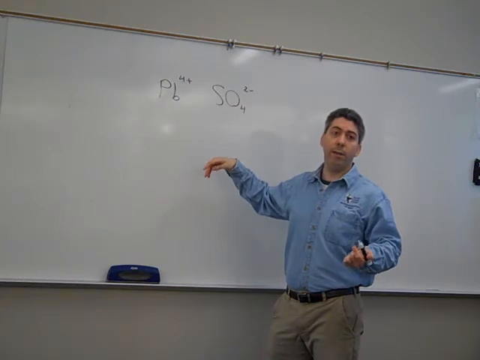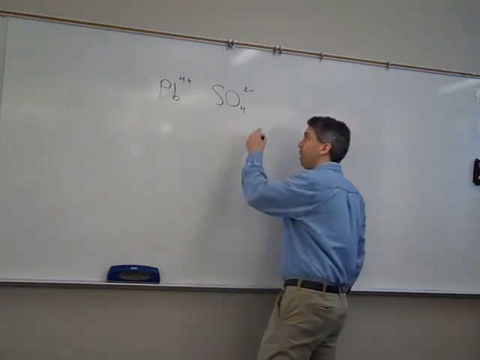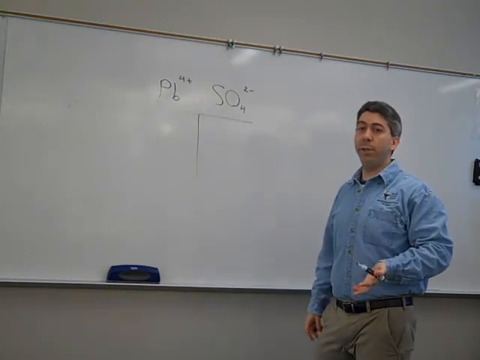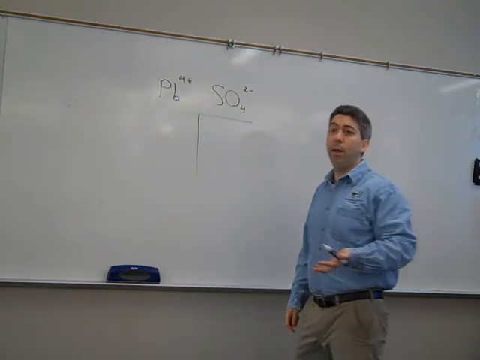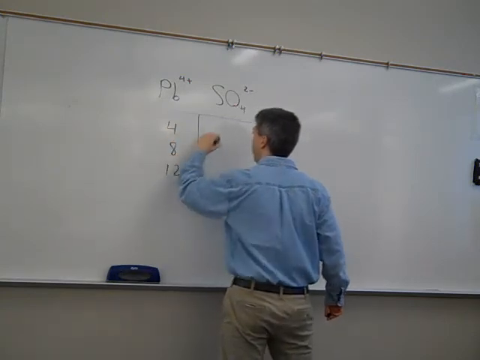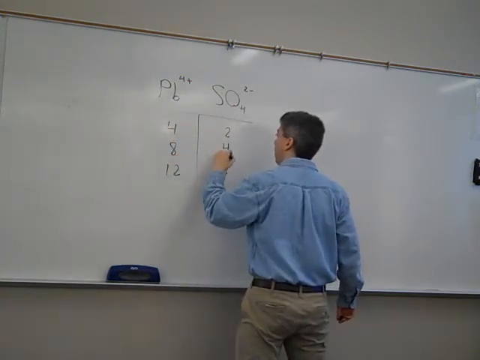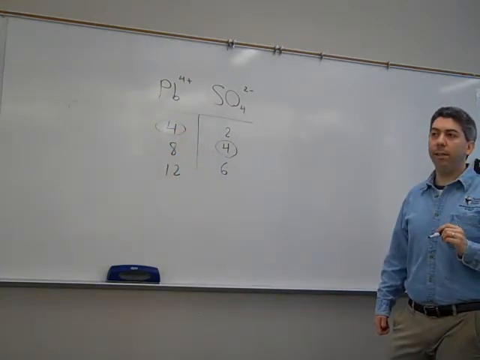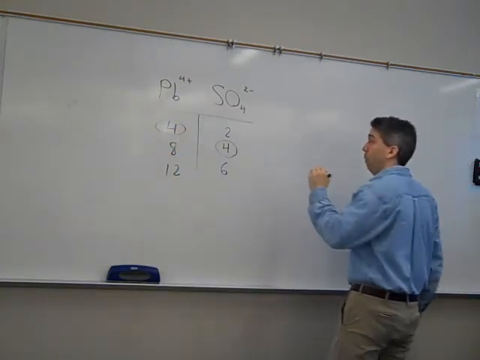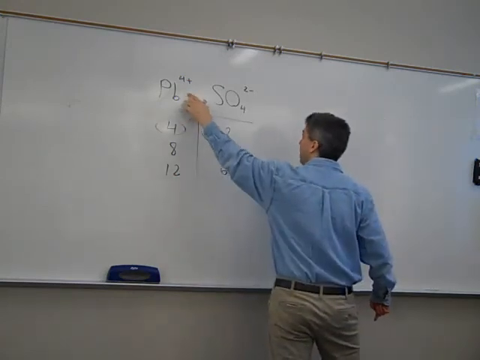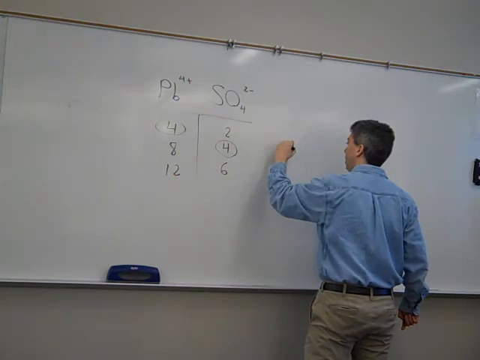Pb2SO4, right? But if you did it the lowest common multiple way, what's the lowest common multiple of 4 and 2? 2, 4, 6. So yeah, it'd be 4, right? So that means you need how many leads? 1 lead to get positive charge of 4.